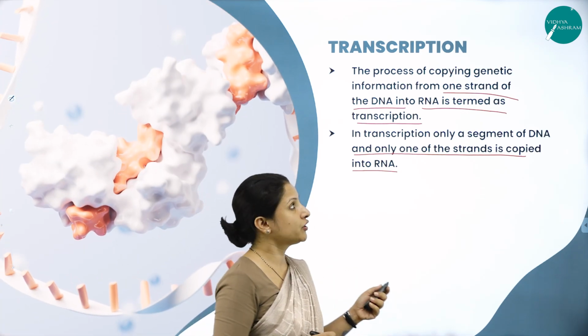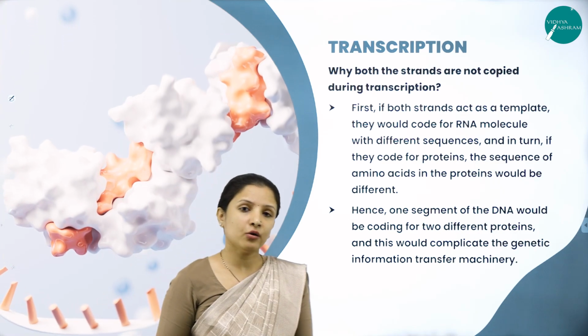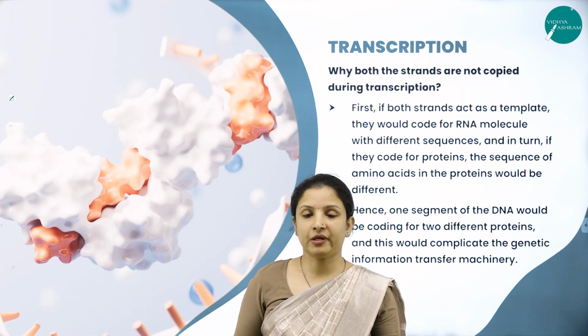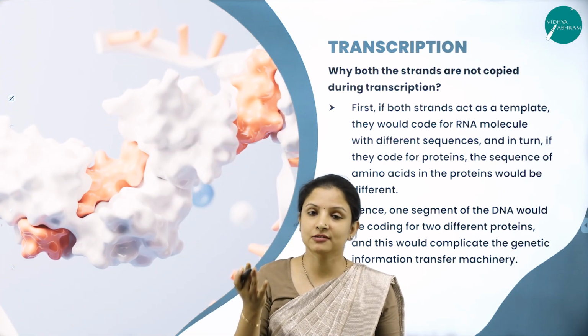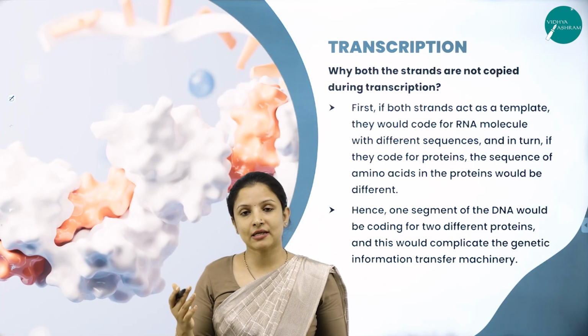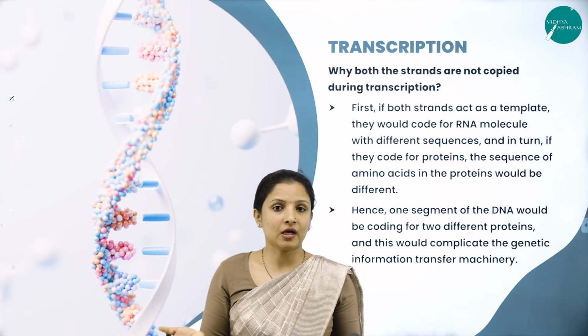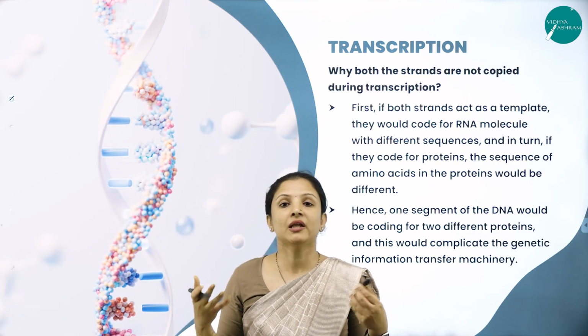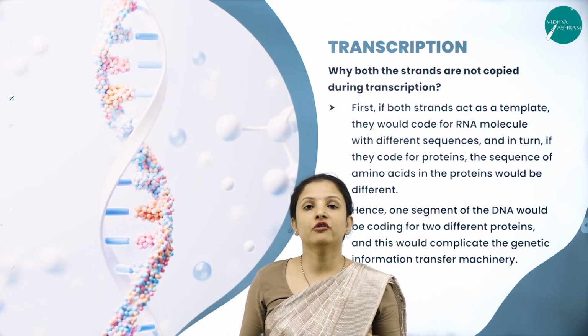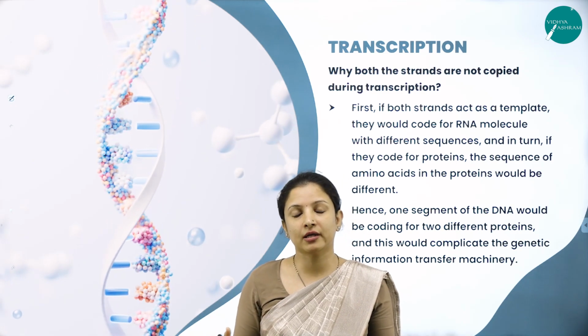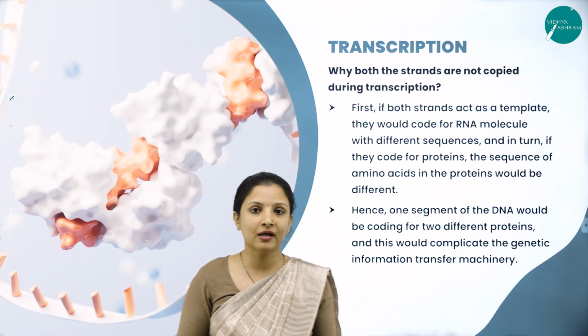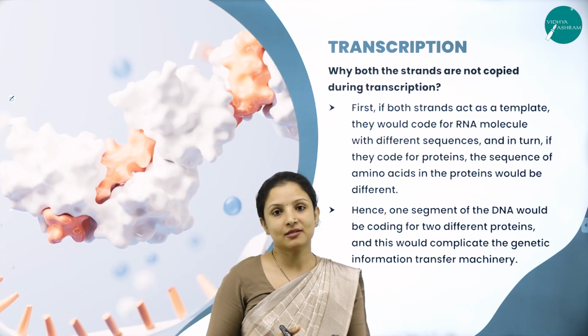Now, you might be curious to know why only one DNA strand should participate. DNA has two strands, right? One runs from 5' to 3', and the other runs from 3' to 5'. Why can't both participate? Then we'll have many more genes and many more metabolic functions in the body. It would be good, right? But there is a reason why it is so.